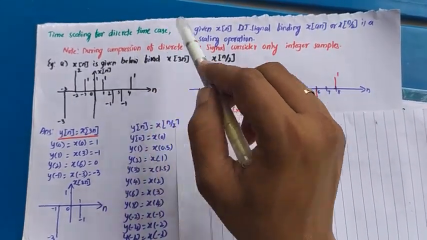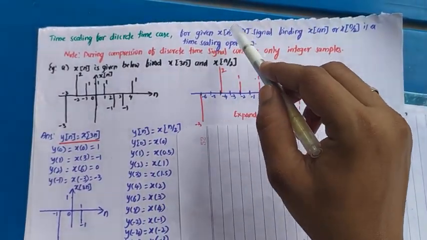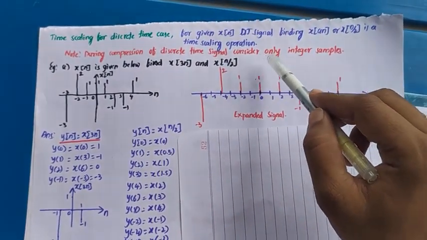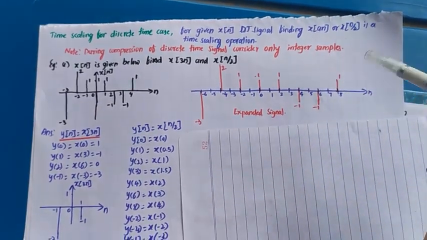Okay. So one important note related to the discrete time signal we need to understand here is, during the compression, that is finding x of a n of x of n for a discrete time signal, we will have to consider only the integer samples.